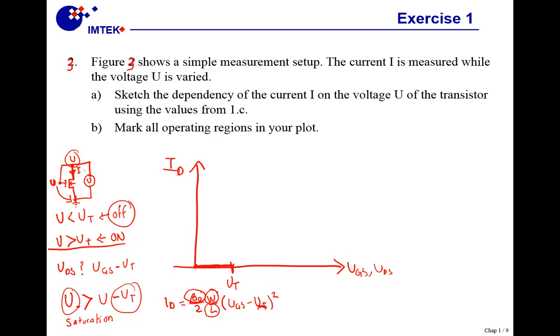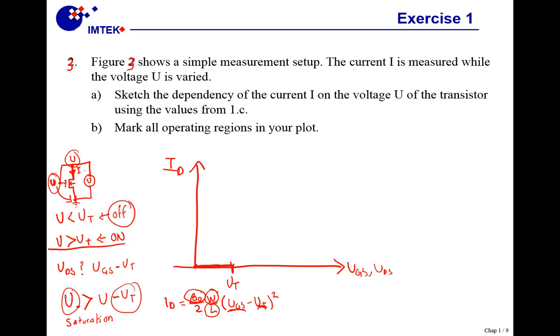So the only thing that is actually changing in this experiment is UGS, because UGS is equal to U, and U goes from smaller than UT to larger than UT, so we assume that UGS is the only thing that can change.